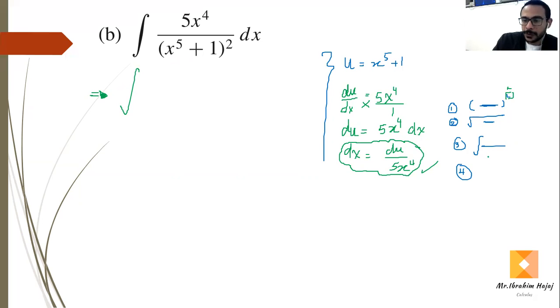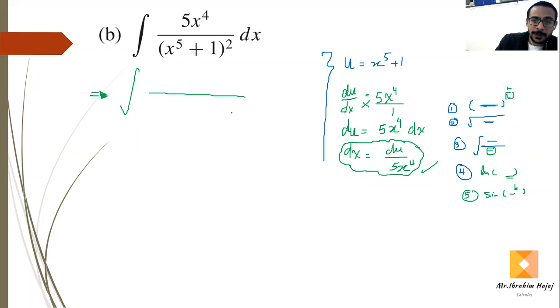Sometimes, when you have a fraction, try taking one part, and its derivative should cancel another part of the question. When you have sine and then the inner function cosine, you have to take what's inside the parentheses.